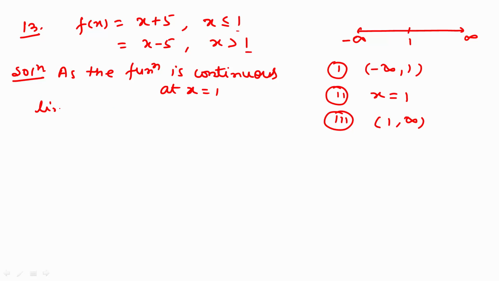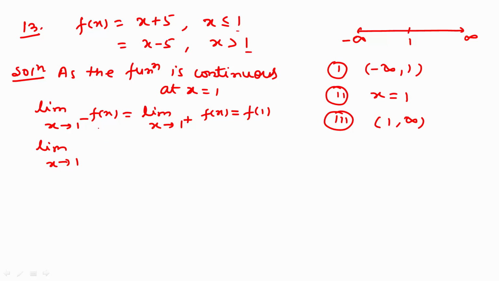So limit x tends to 1 minus f(x) is equal to limit x tends to 1 plus f(x) is equal to f of 1. Limit x tends to 1 minus means that the value of x is less than 1. When the value of x is less than 1, we will take the function x plus 5.